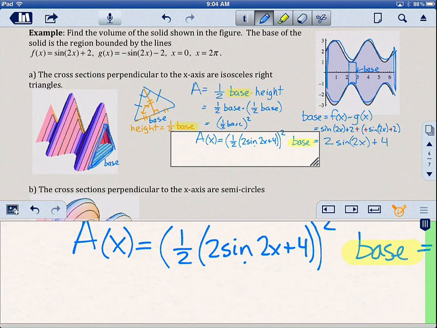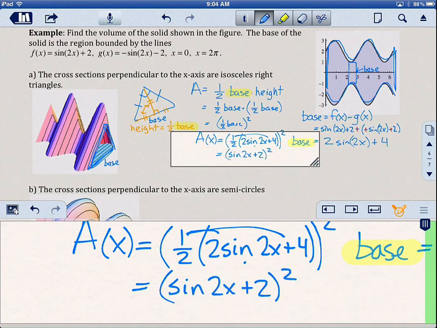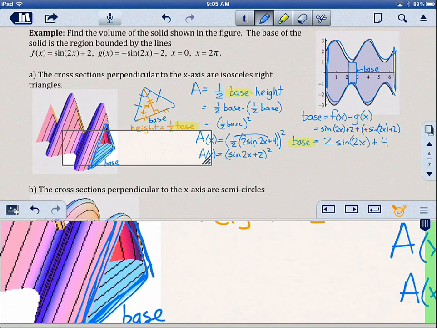If we clean this up a little bit, we'll distribute the 1/2 in here. So we really have sine of 2x plus 2 squared. And that's the area of this face right here.